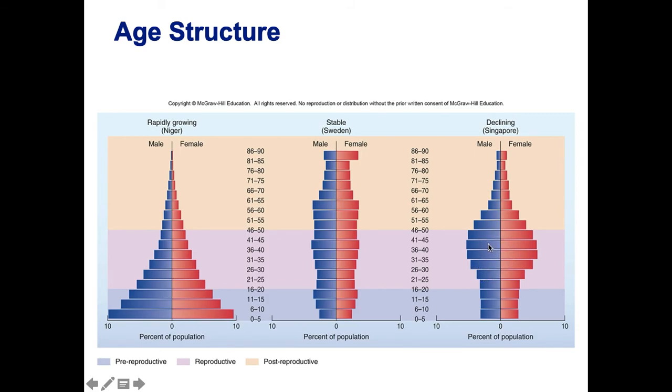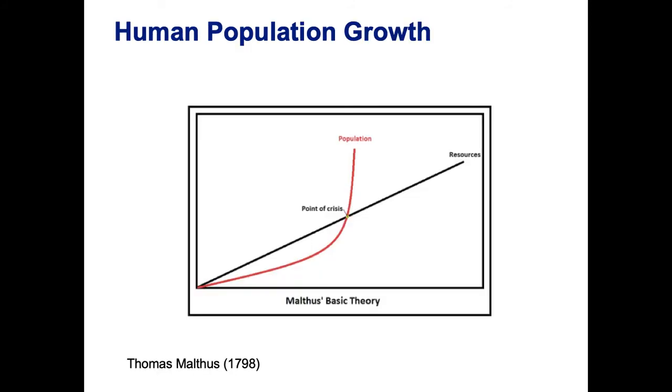And if there are fewer of them than there are current reproductive, that means that they're declining in population size. So this is how they figure out and project populations of different places into the country as they look at the age structure, and then they can project what's going to happen in the future.